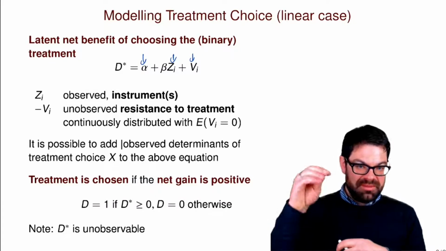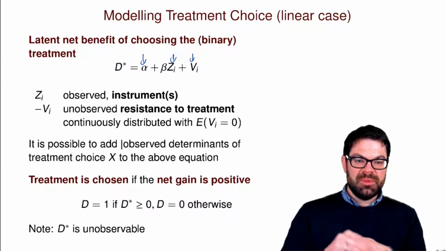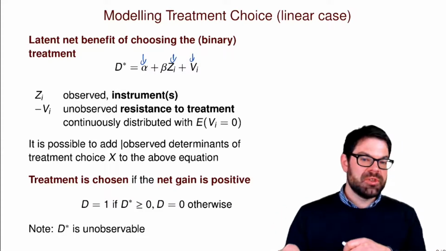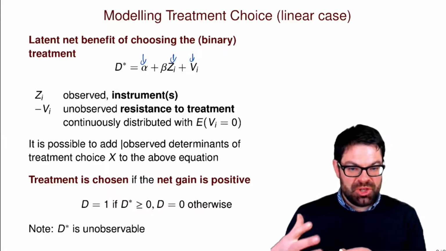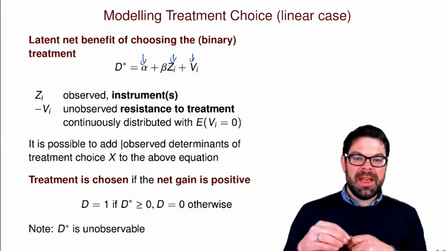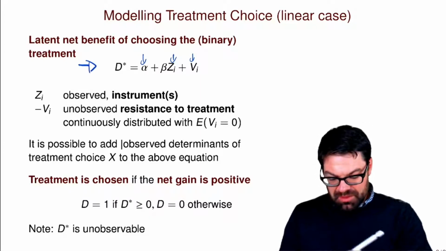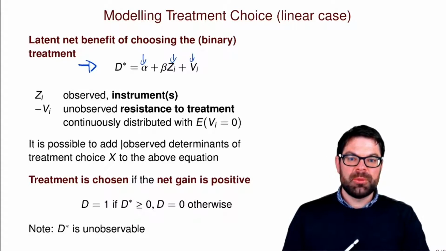Now, obviously, you can augment this equation by adding additional determinants of the treatment choice that are observable. That will not change anything of the essence. Okay? But what we have here is basically this equation per se is not observable for us.